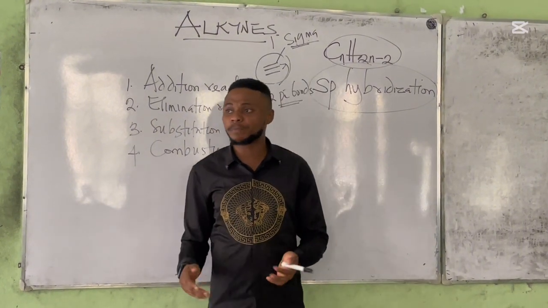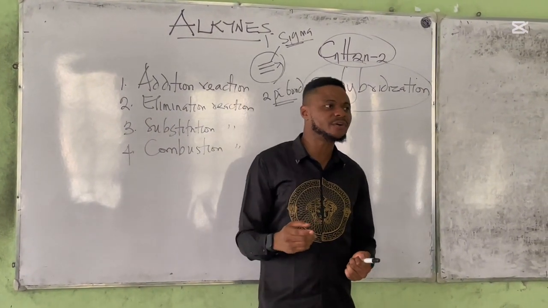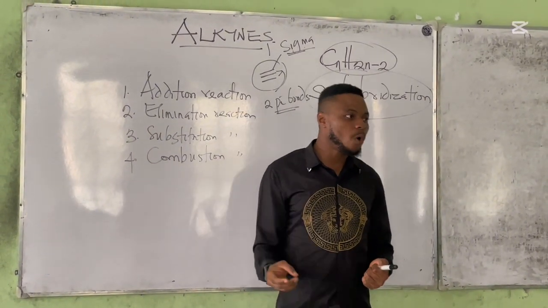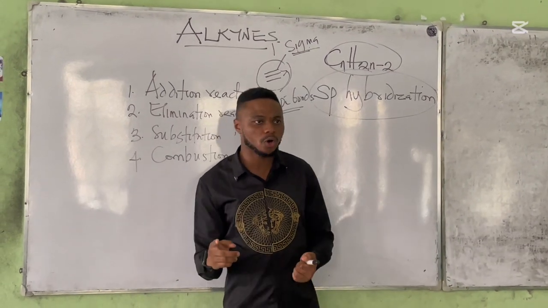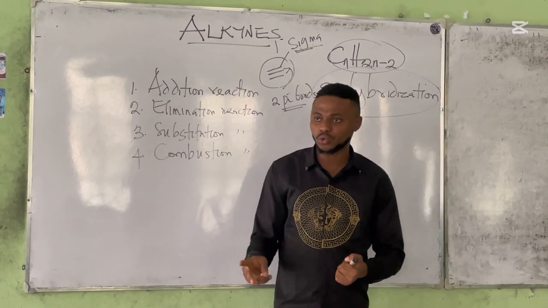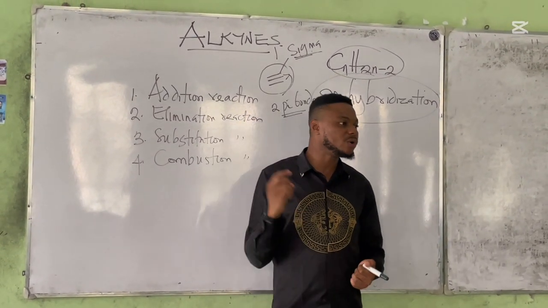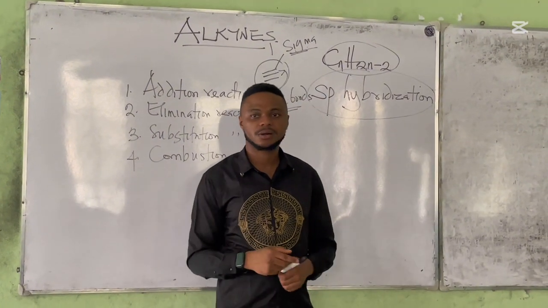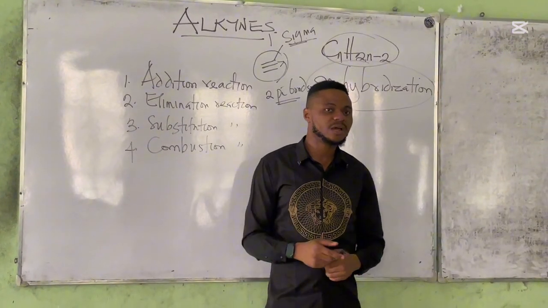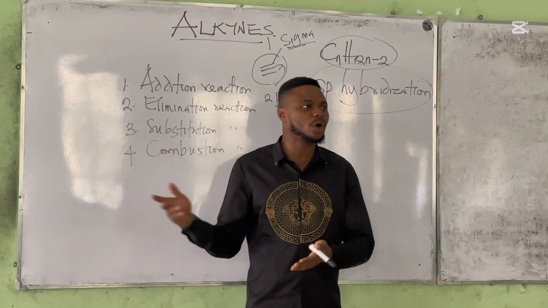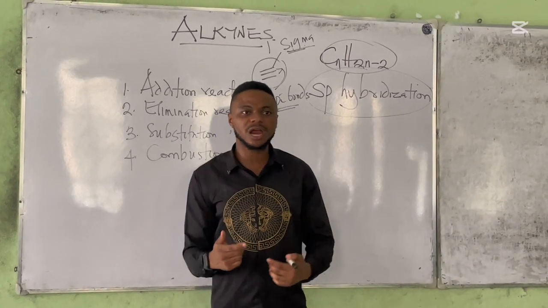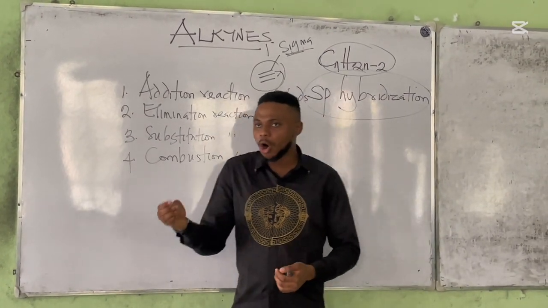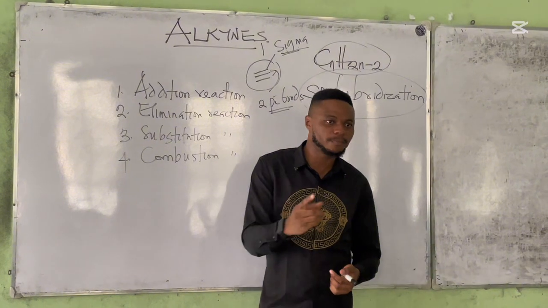They increase their boiling points based on an increase in what? Molecular weight. That's number 1. That their boiling point is increasing is because of the increase in molecular weight. So the more the molecular weight, the higher the boiling point.